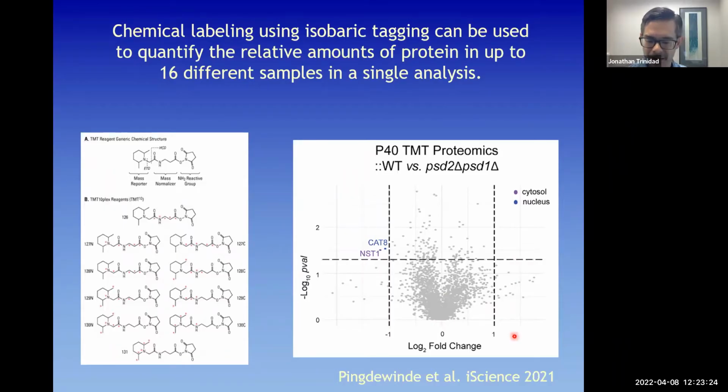On the x-axis, log fold change, to the right of 0 is increased, to the left is decreased. And of course, if you have enough replicates to do statistics, you can plot out the log of the p-value, and this will tell you, depending on the quadrant, what was statistically increased versus statistically decreased in your sample.